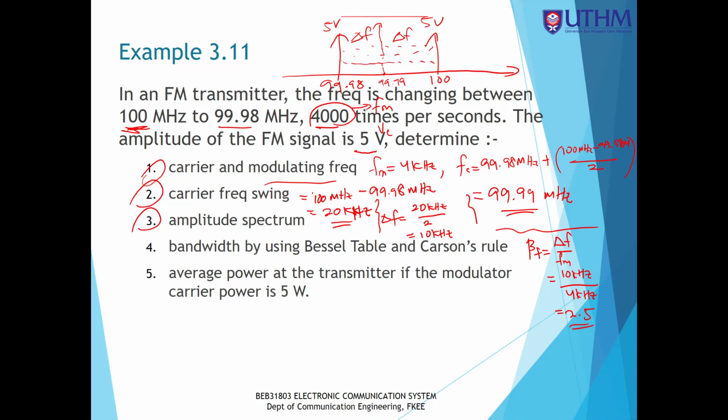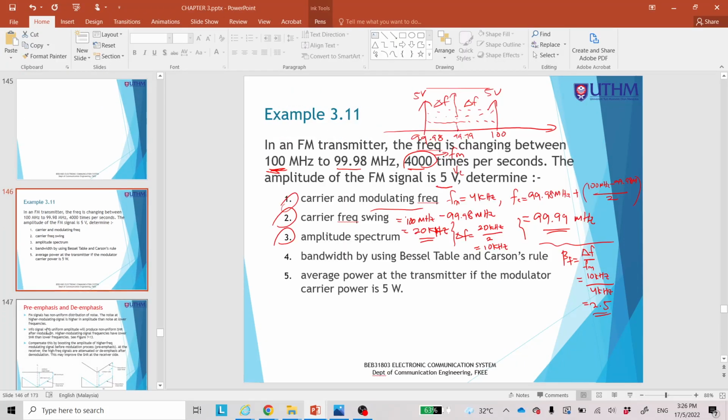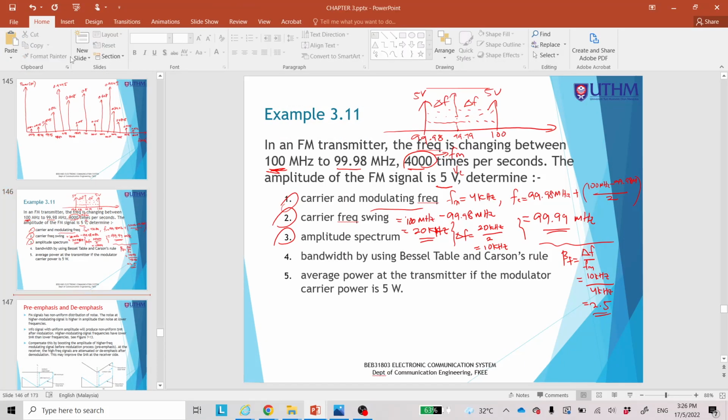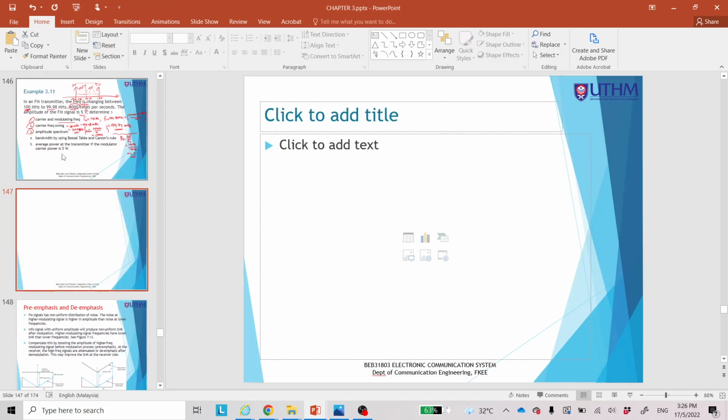Okay, so again we need to draw the table. I will show you how to draw. So I will add another slide over here, and we can do the drawing over here.